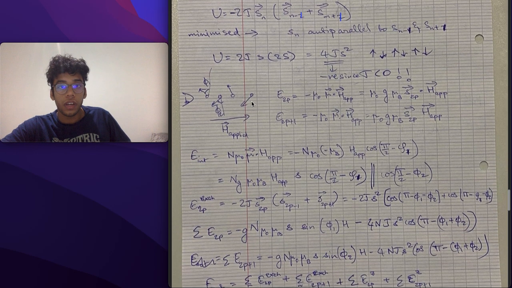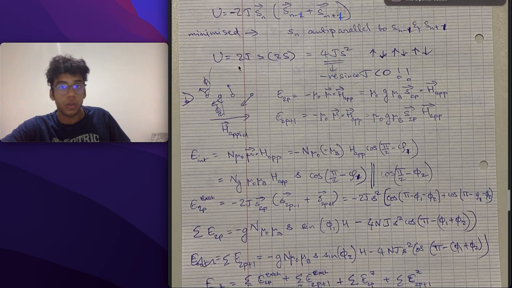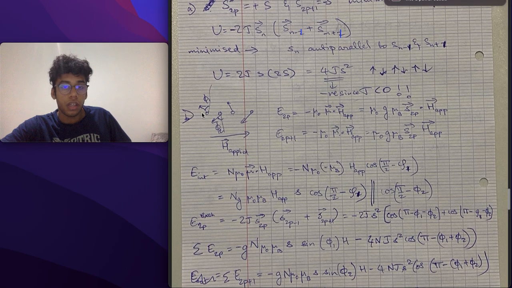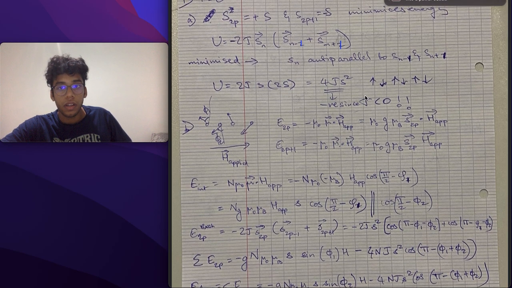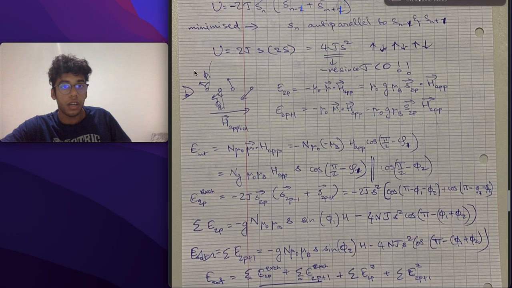So now we find U is equal to 2JS into 2S, which is algebra here. And now what we do in the next step is we consider not a perfectly anti-parallel arrangement, but some deviation by angle phi1, which is usual.